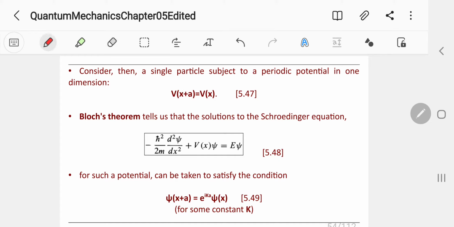So your potential at some location V(x) would just be the same at x plus a, or even x plus 2a, or x plus 3a. So this would just be the same as V(x) at V(x + Na), where N is an integer, or Ka for example, depends.